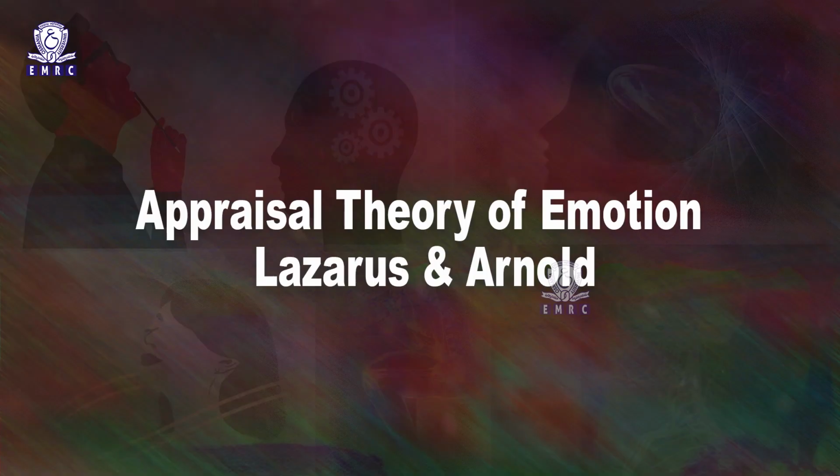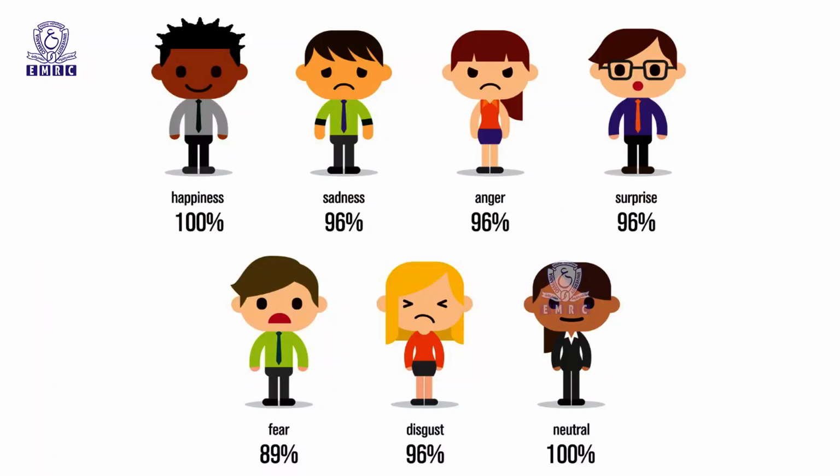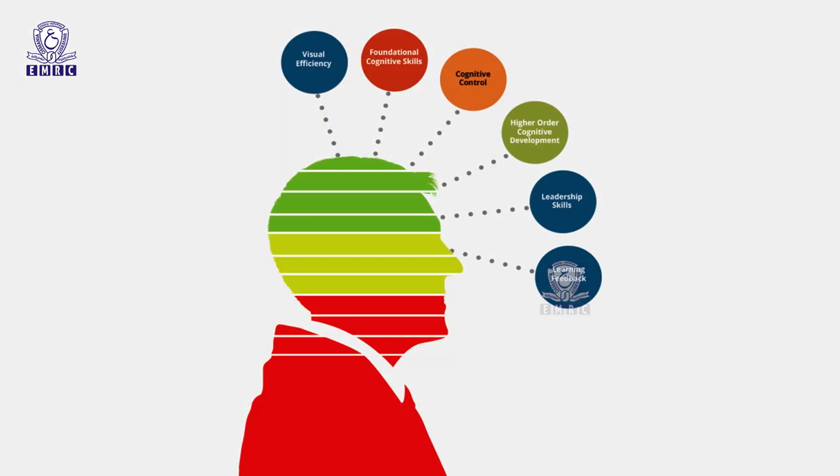Appraisal theory of emotion, given by Lazarus and Arnold. This theory proposes that emotions are extracted from our appraisals, that is, our evaluations, interpretations and explanations of events. These appraisals lead to different specific reactions in different people.